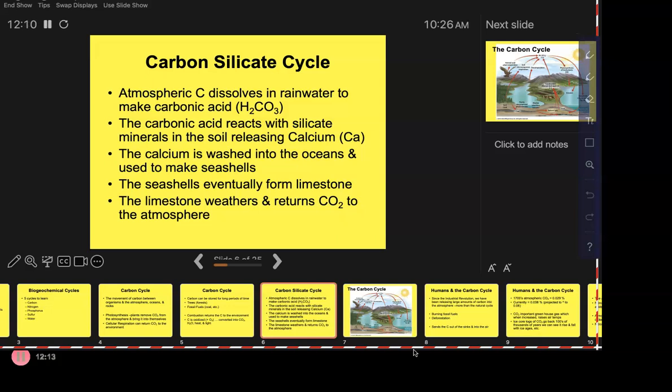And that breaks down and returns the carbon dioxide to the atmosphere. Now, as one of the guys in one of those first two videos said, this is a pretty long process. This is a whole heck of a lot longer than eating plants, eating the critter that ate the plants, and so on and so forth. All right.